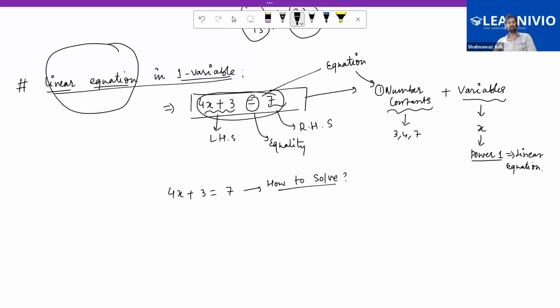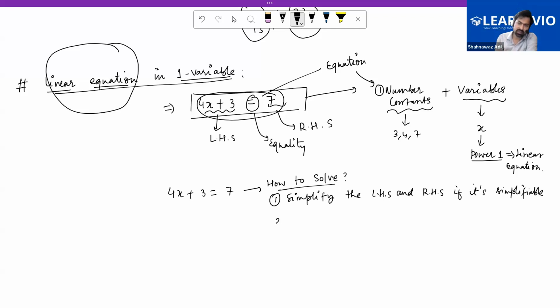Yes, absolutely correct. We separate the variable part on one side and the numbers part on the other. But first, we simplify the left hand side and the right hand side, the LHS and RHS, if they can be simplified.